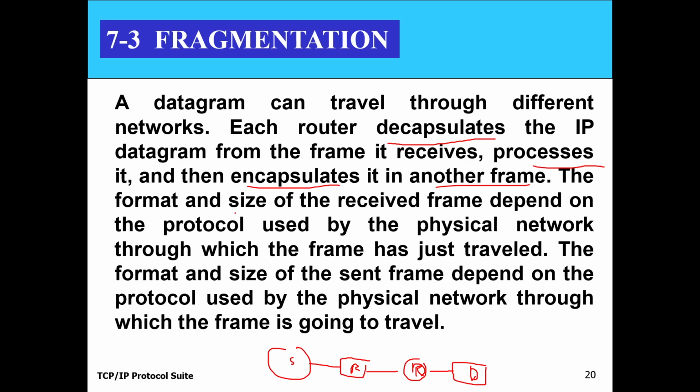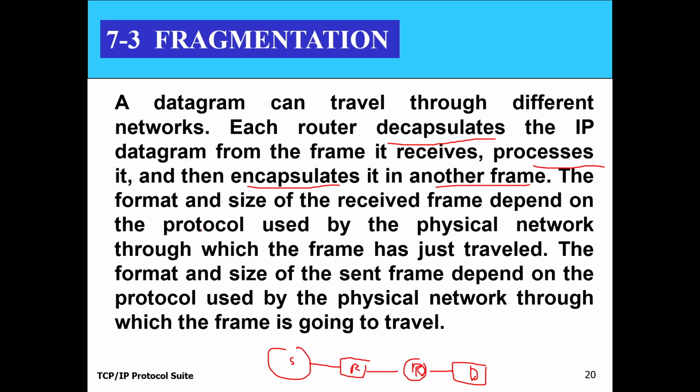What gets changed? The destination address, the physical address, the MAC address, right? Remember that the MAC address is for each link, but for IP, it's gonna go all the way to the destination, right?